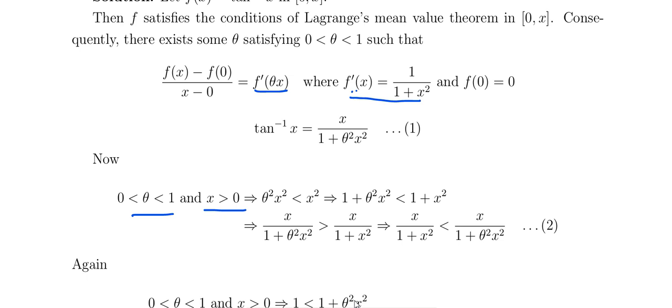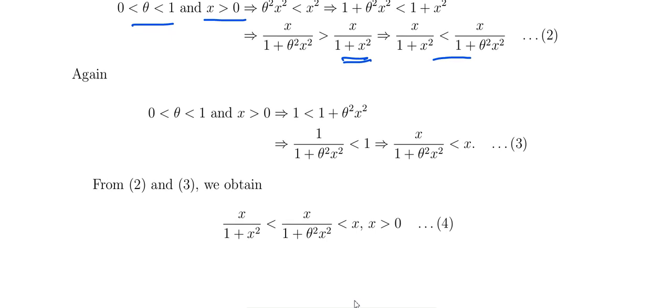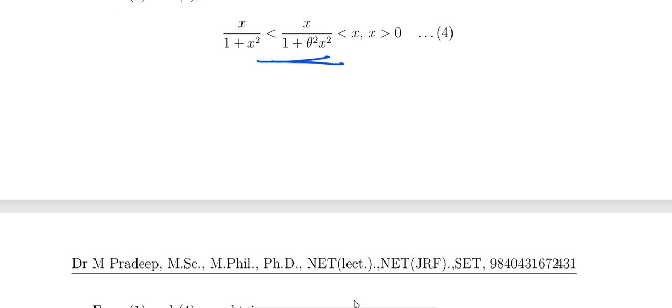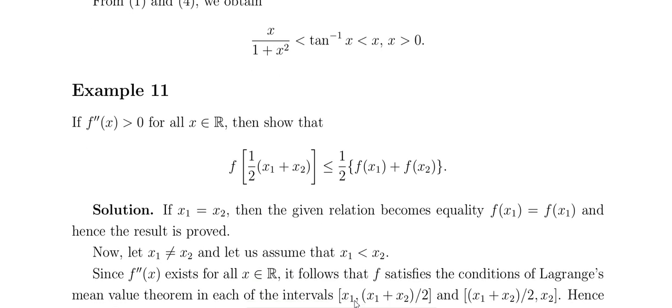Adding 1 and taking the reciprocal, the inequality changes, and x by 1 plus x square is less than this expression. Also, 1 is less than 1 plus theta square x square, so taking the reciprocal, this is less than x. Combining both, this is the output. This is what is called tan inverse x, so tan inverse x always lies between x by 1 plus x square and x.